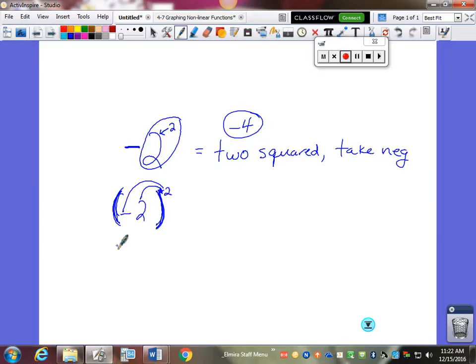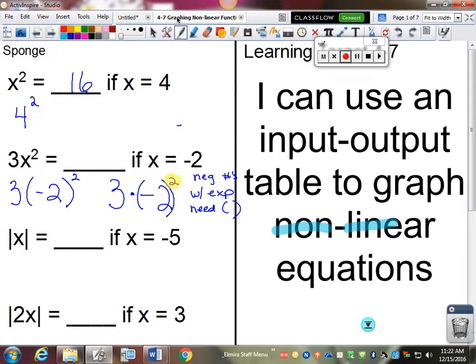It'll square the negative, it'll square the 2. Negative 2 times negative 2 is 4. Okay, so my whole point is that negative numbers have to have parentheses around them, both mathematically and in the calculator, in order to get a correct answer. So 3 times negative 2 squared is 12.